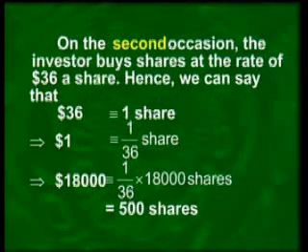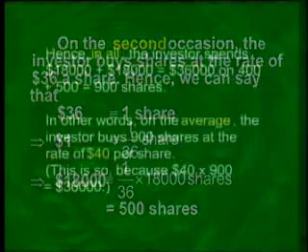Similarly, on the second occasion, the investor buys shares at the rate of $36 a share. Therefore, if $36 are equivalent to 1 share, then $18,000 are equivalent to 1 over 36 into 18,000 shares, and that is 500 shares.